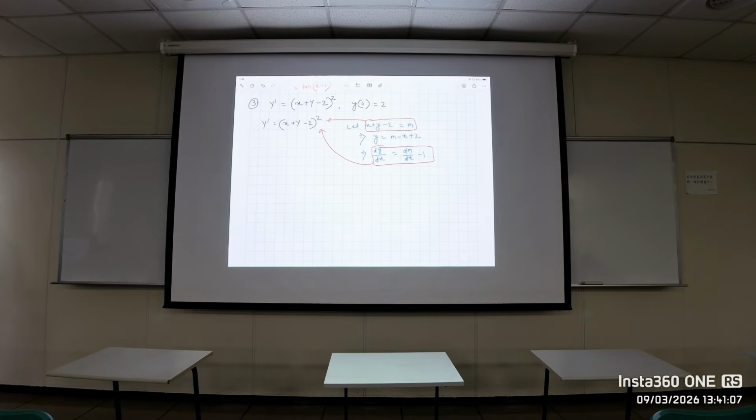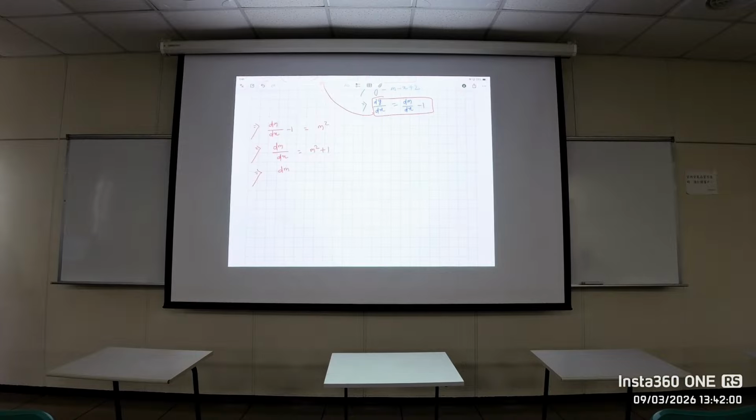That means I can rewrite this one as y dash, that is dy by dx, as dm by dx minus 1 is equal to m square, or you can simply write dm by dx is equal to m square plus 1, and then apply the separable method. dm by m square plus 1 is equal to dx.